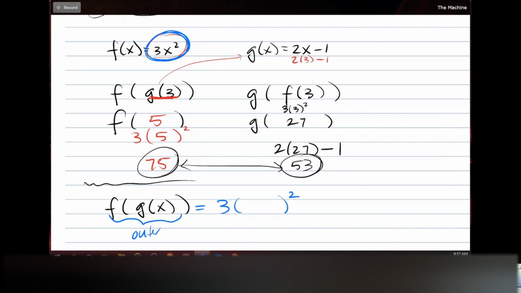Do you agree with that? For f? Yes. Okay. Now, what am I putting inside? I'm putting inside G. What is G? This is 2x minus 1. So a 2x minus 1.